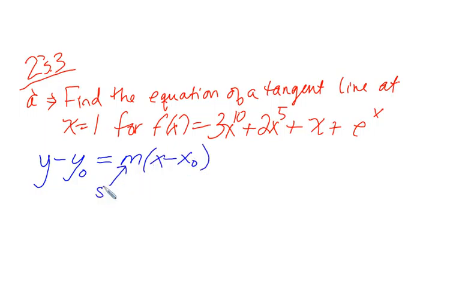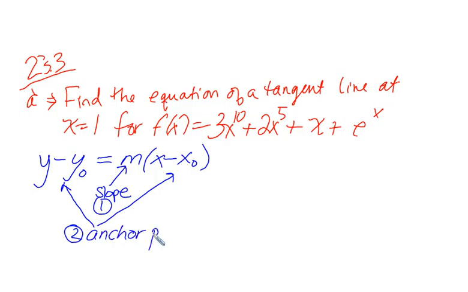I'm going to do that in my first step. In my second step, I'm going to find an anchor point. So this is a point that I know my tangent line is going to go through, right?